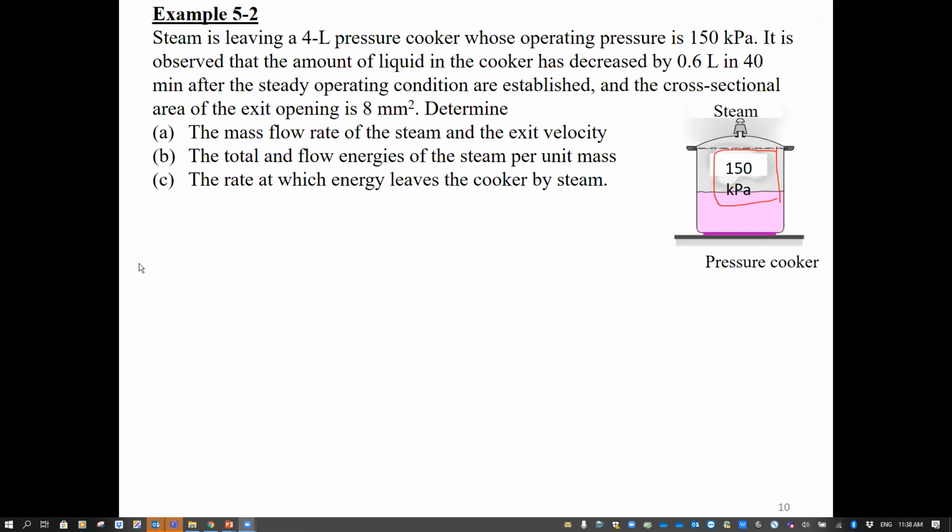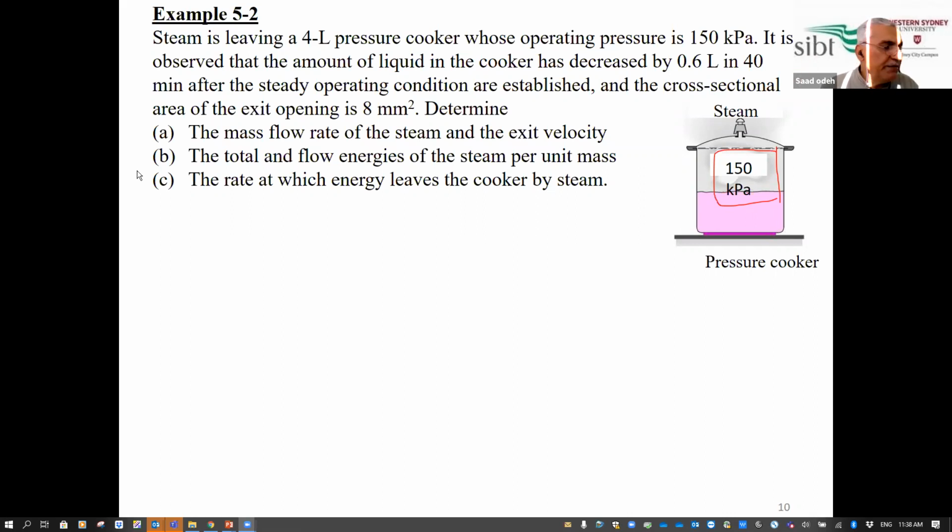So if it's atmospheric pressure, it's around 101 kilopascal. Now we have 150, so we have about 50 kilopascal higher than the atmospheric pressure.